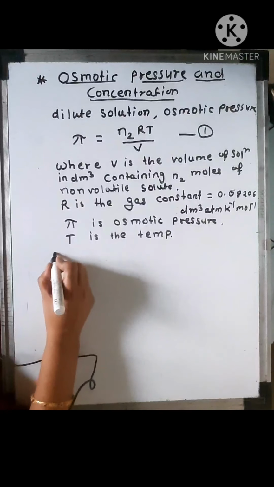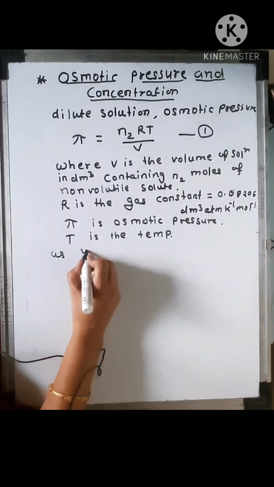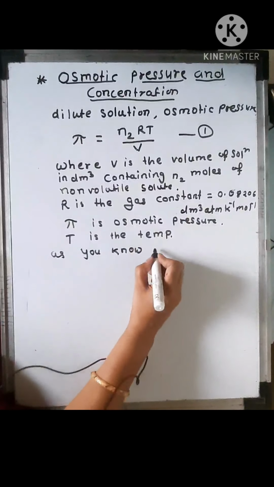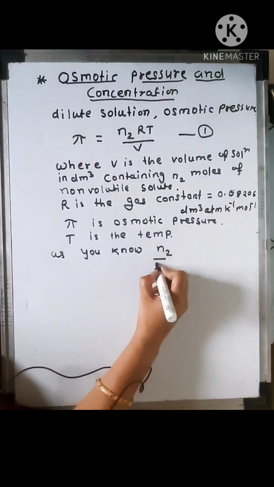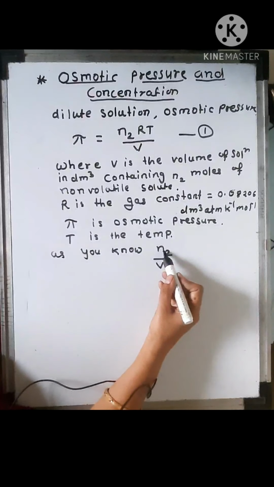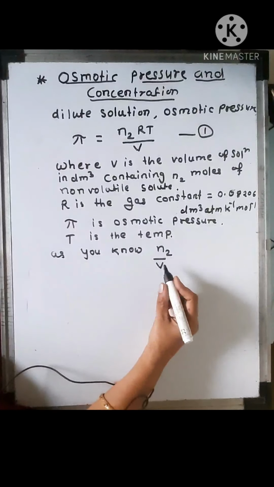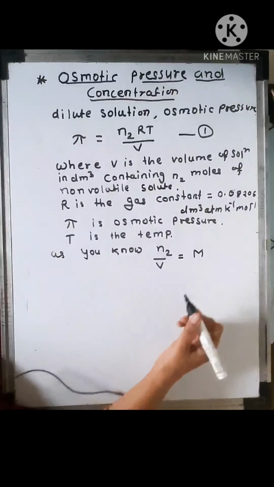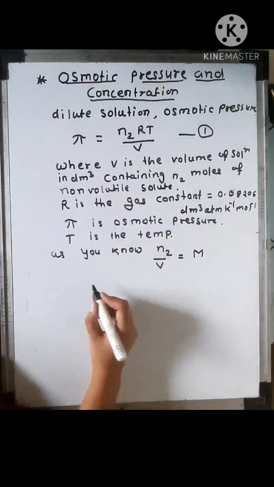But as you know, N2 upon V, meaning number of moles of solute upon total volume of solution, is equal to molarity, that is concentration in molarity.